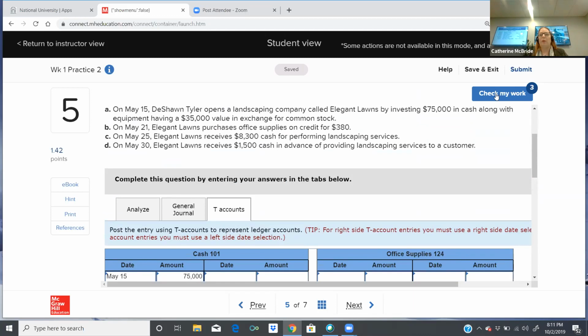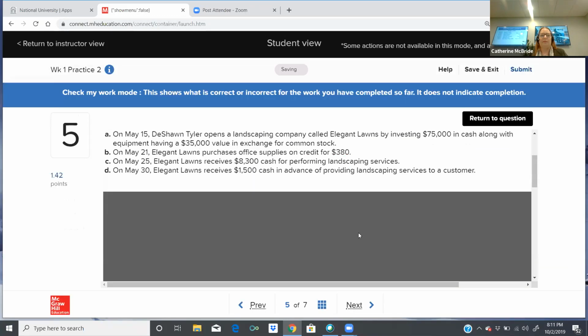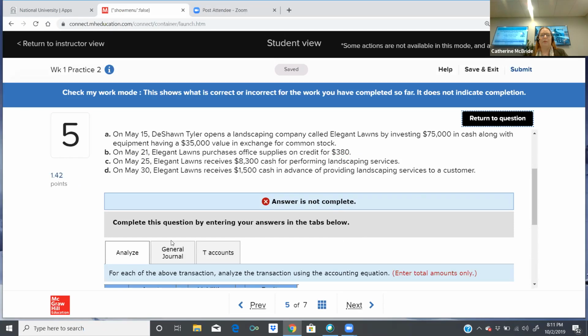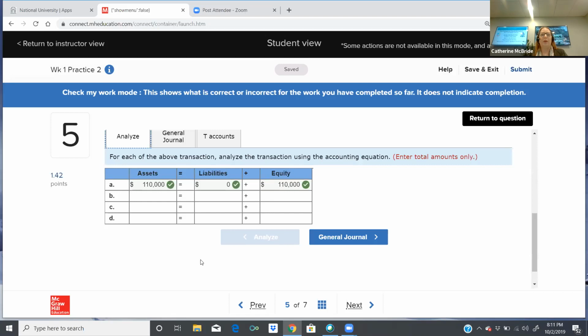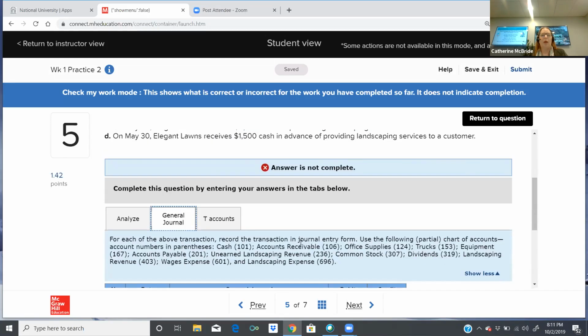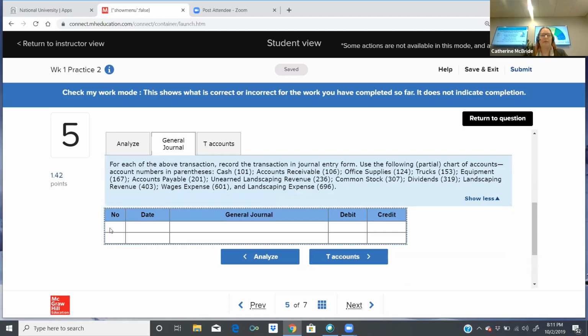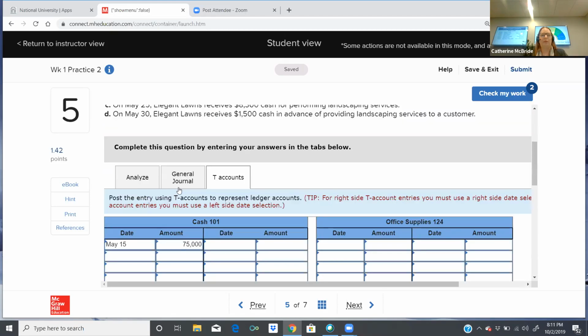And we can say, check my work. Well, I know the answer isn't complete, and that's okay. Okay, general journal. Oh, we didn't save it. Okay, I have to return to question. I knew I didn't save it. That's why I got that error message.